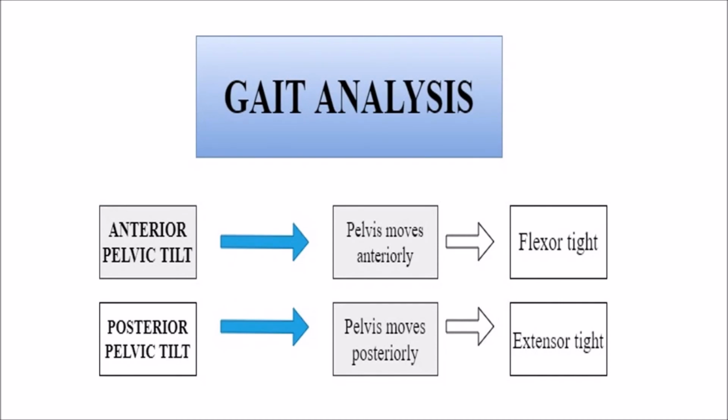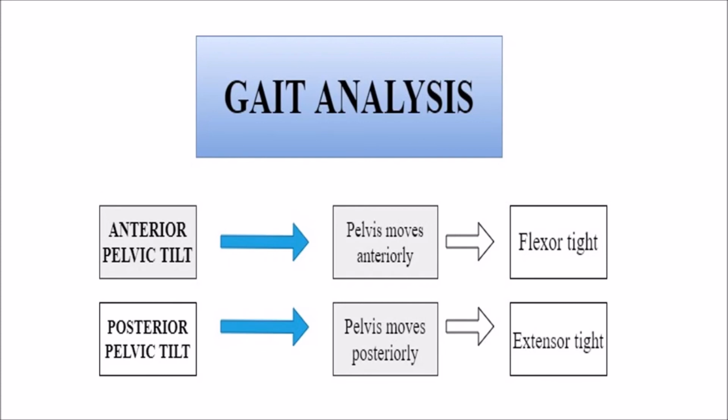Next, in the gait analysis, we check for anterior pelvic tilt and posterior pelvic tilt. When the sternum is in line with the pubis, it means there is neither an anterior nor a posterior pelvic tilt. It's normal. But when the pubis moves backward from the sternum, it means there is an anterior pelvic tilting.